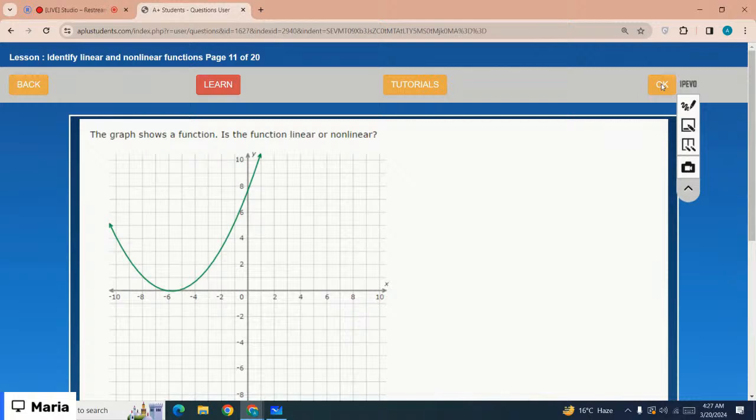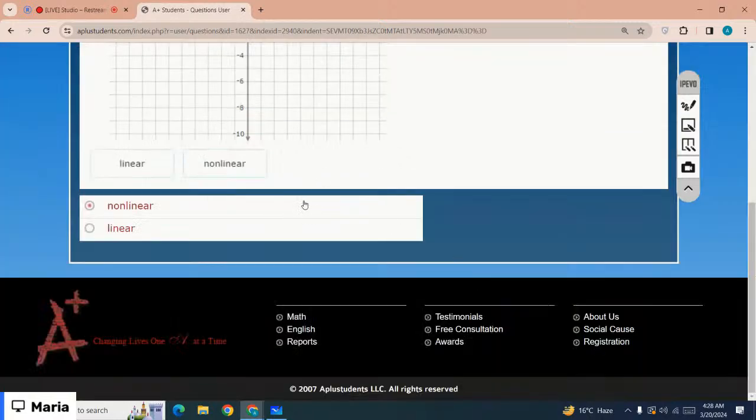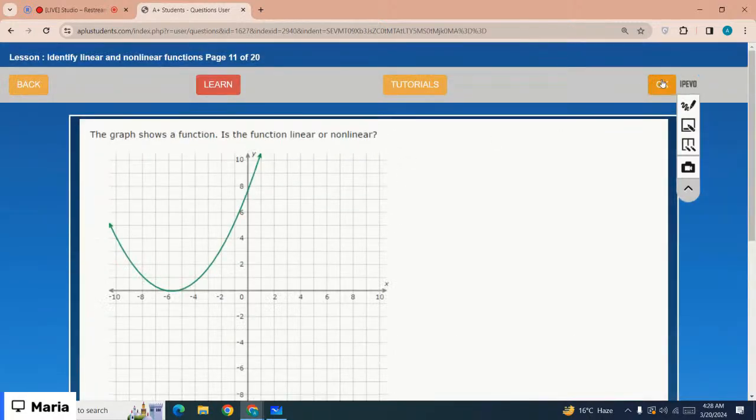The graph shows a function. Is the function linear or non-linear? Non-linear function it is, right? Option number 1 is the correct option.